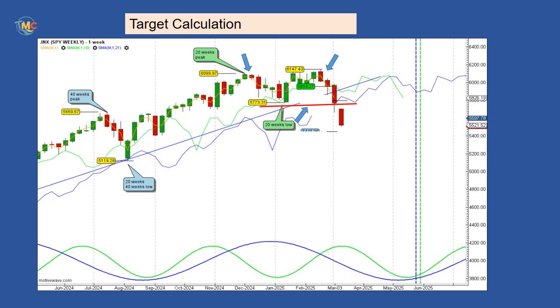Minus 5,773.31 equals 350.39. To find the potential downside target, subtract this difference from the support price. Therefore, the potential target is 5,773 minus 350.39, equals 5,422.92.